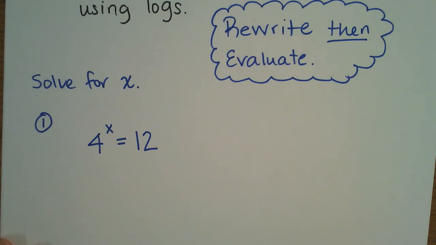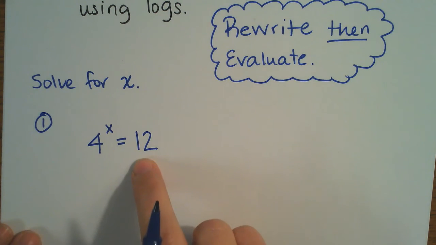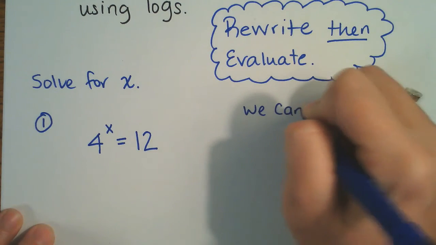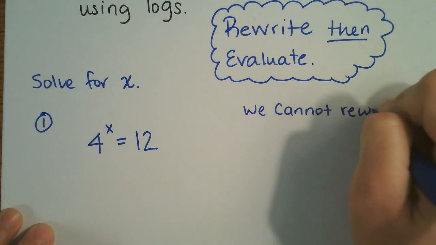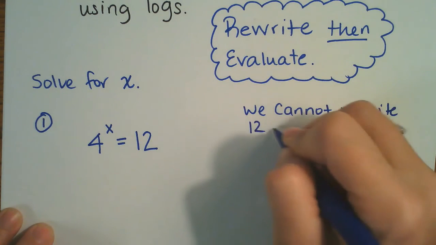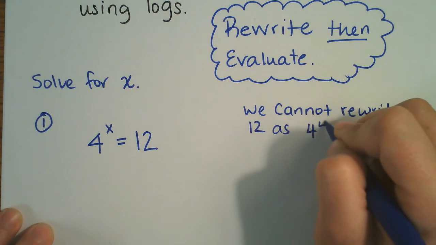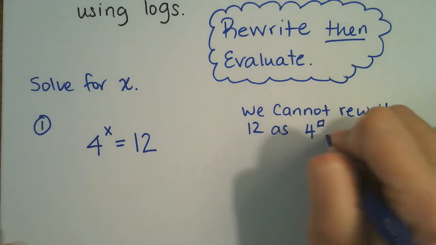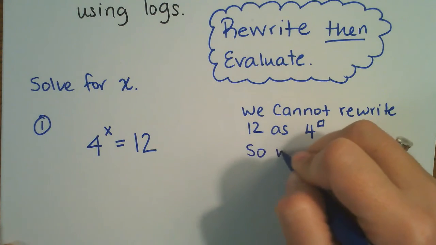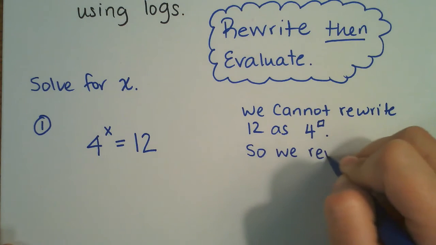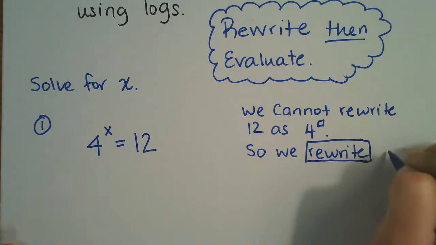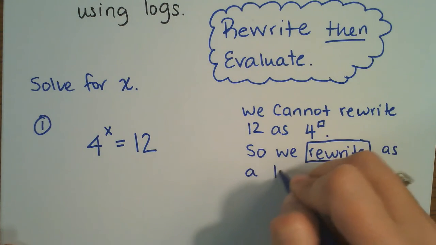All right, so your game plan before this moment would have been to rewrite 12 as a base of 4. We cannot rewrite 12 as 4 to some power. Not possible. So we rewrite the whole problem as a logarithm.